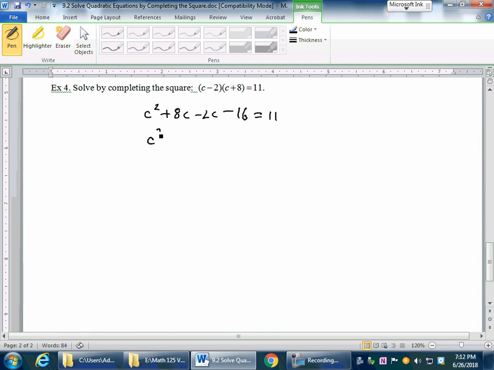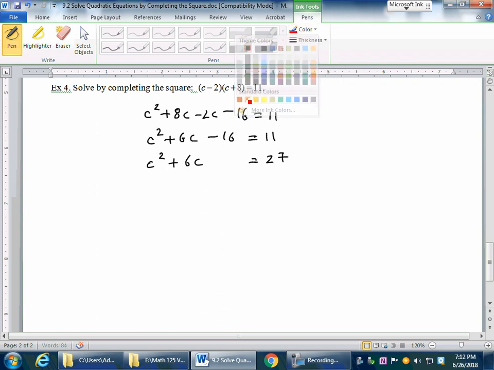So which is c squared plus 6c minus 16 equal to 11. So adding 16 to both sides, that gives me 27.